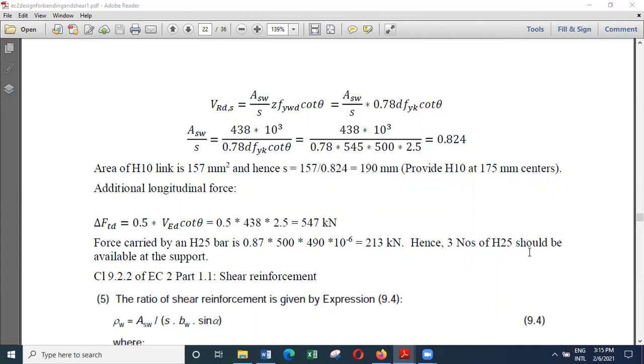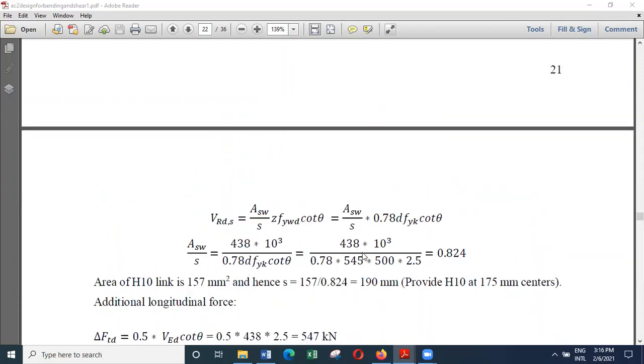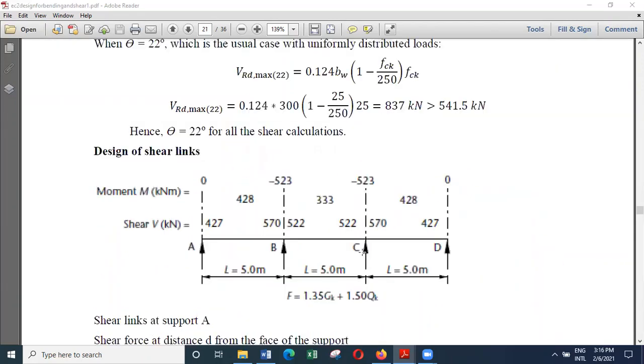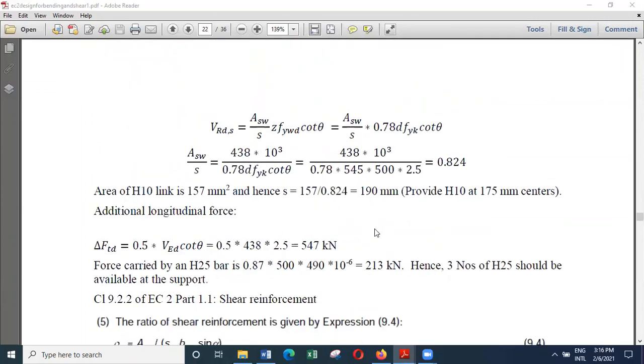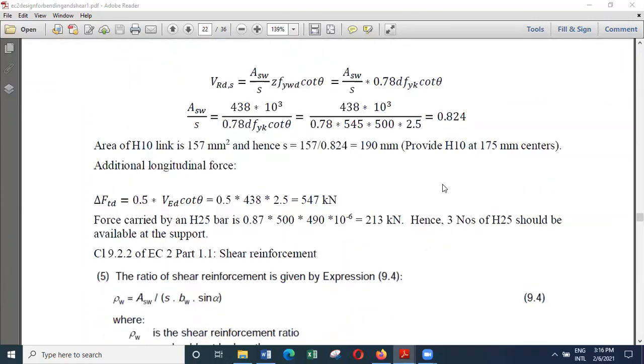In addition to that, we need the section to be doubly reinforced. So altogether, 4 numbers of H25 would have to be continued over this particular support.